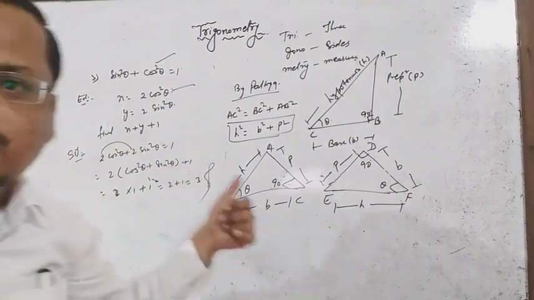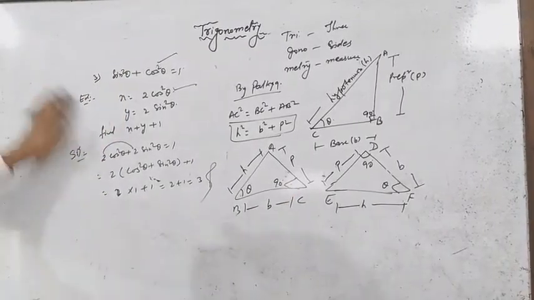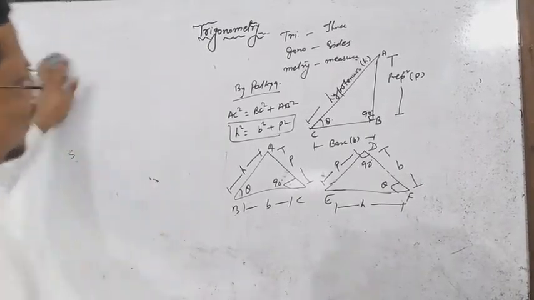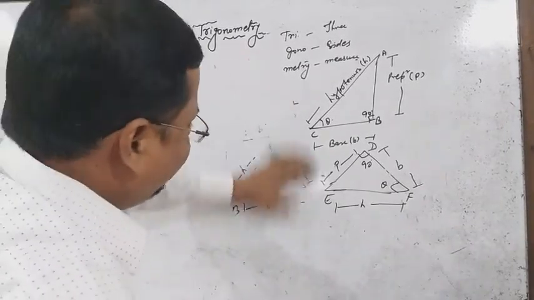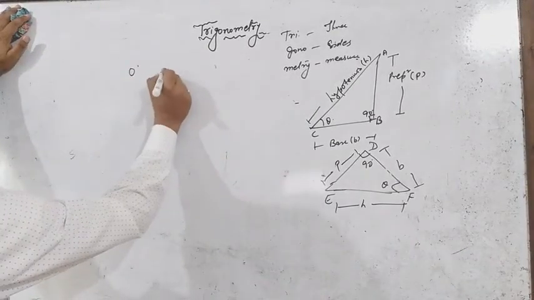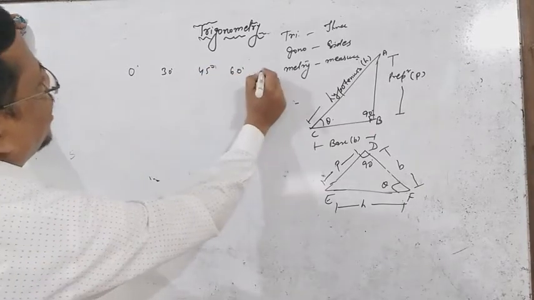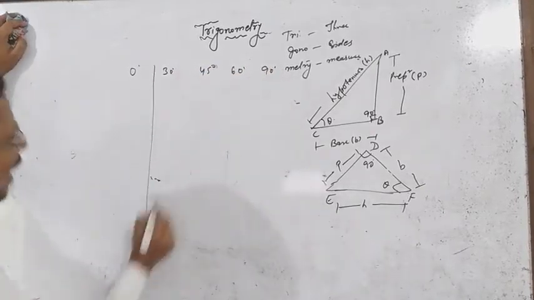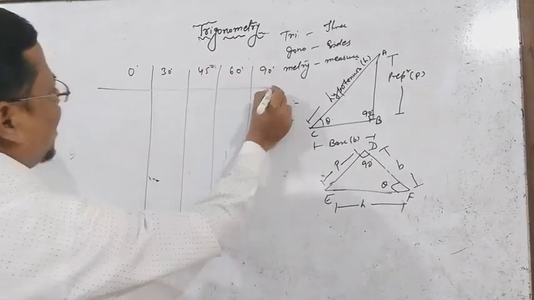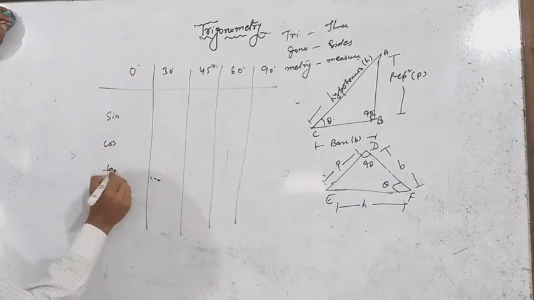Next is the question. Find also the trigonometry values for the angles in short form: 0 degree, 30 degree, 45 degree, 60 degree and 90 degree. Find this chart formula for sin, cos and tan.